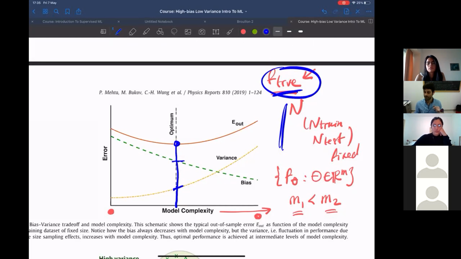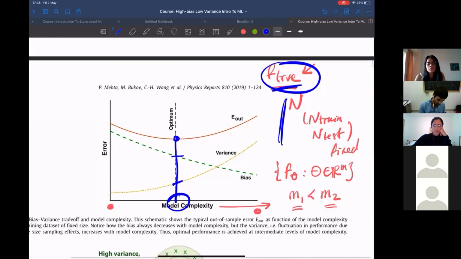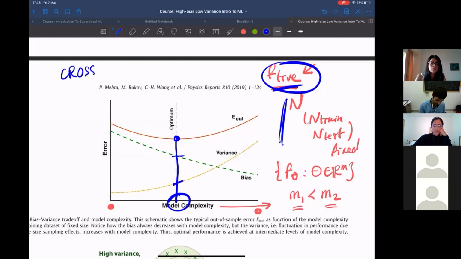And how to find this optimal model complexity? By cross-validation. How do you do that? Again, let's say you select 3 possible hypothesis classes, like we did, polynomials of order 1, 3, and 10.